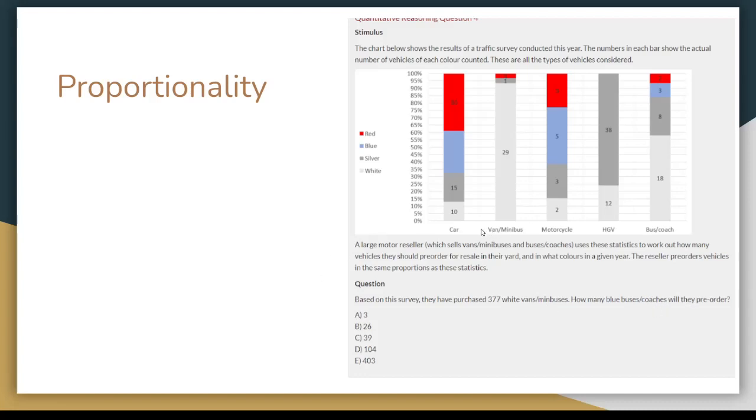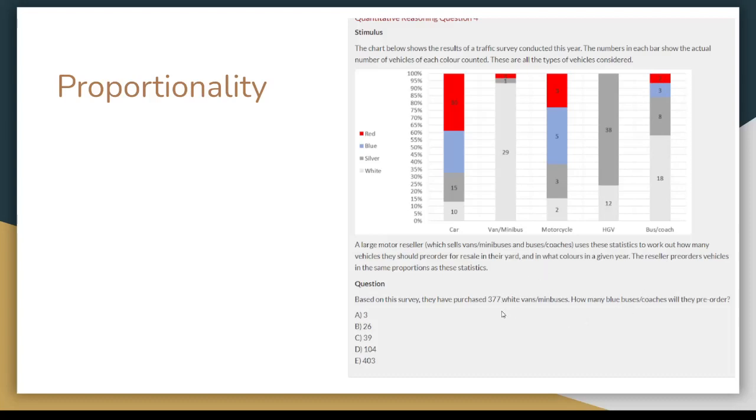If we look over here, this is the column for vans and minibuses. We have a value of 29 here. We know that this should be the same scale all the way across, so all we'd have to do is find out what one value is, then multiply it by 3 to get the number of blue buses / coaches.